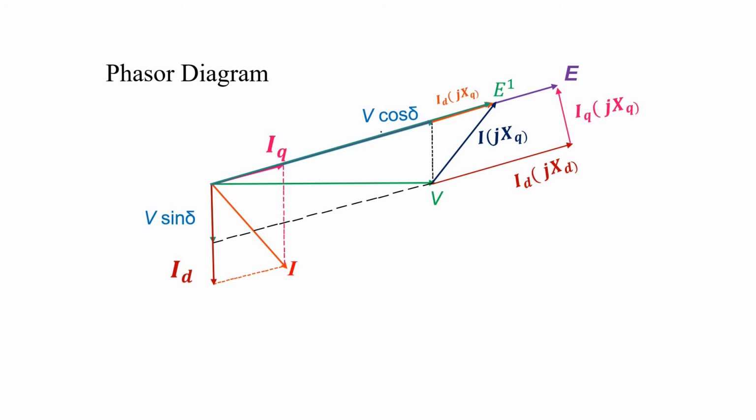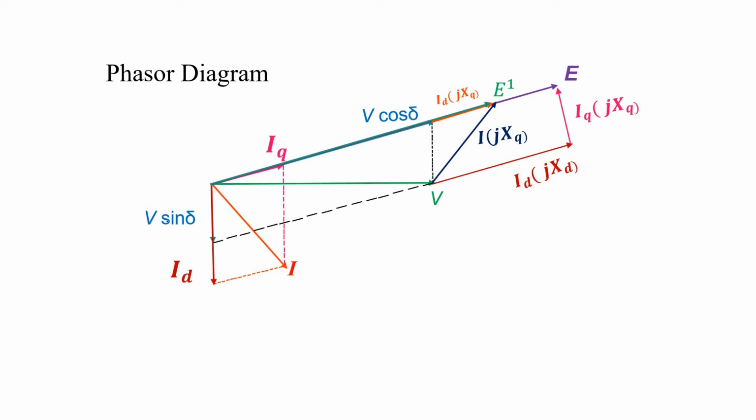Now let us see the derivation for the power angle equation. We know the real power can be calculated from the voltage and the current which are represented in phasors. Because of the non-uniform air gap, here we have two different components for the voltages as well as the current.